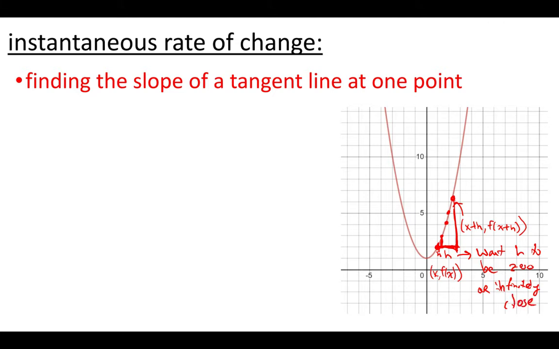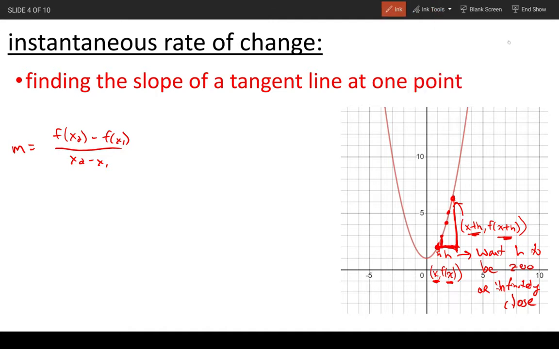So if we start with the definition from our previous slide, our basic slope definition, with these coordinates x, f of x, and x plus h, f of x plus h, our slope formula changes. If originally it was f of x sub 2 minus f of x sub 1 over x sub 2 minus x sub 1, we change those out for the points we've defined here.